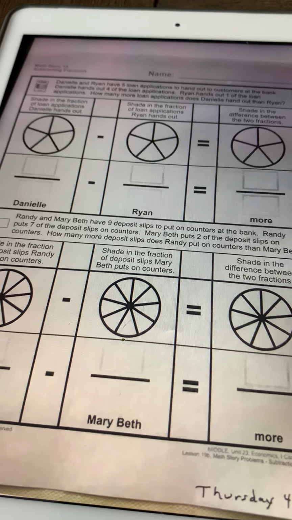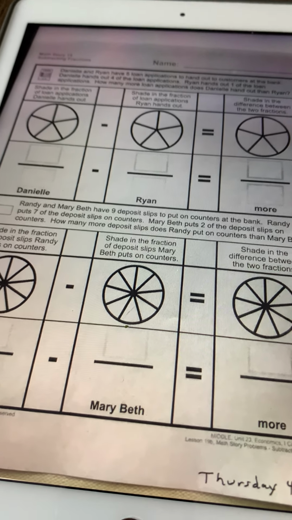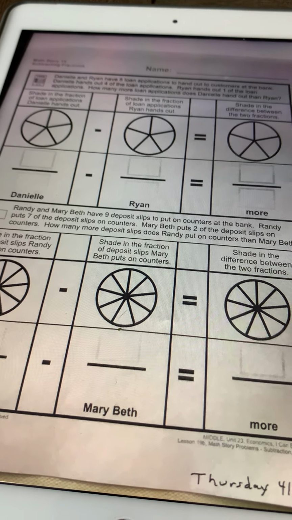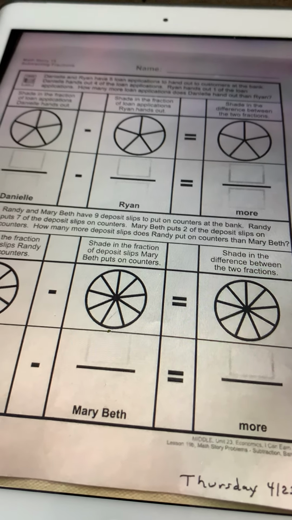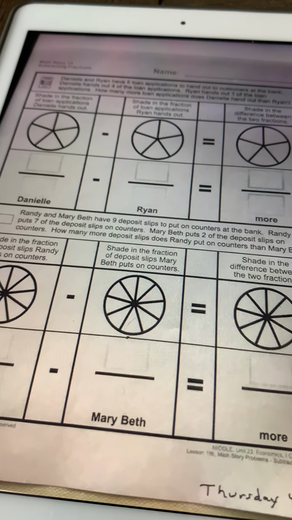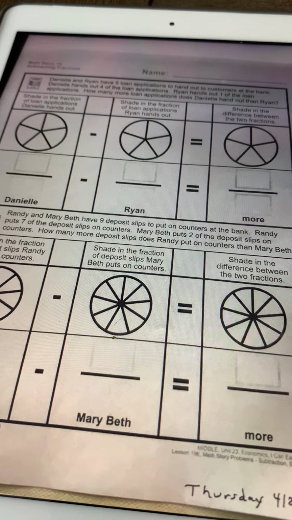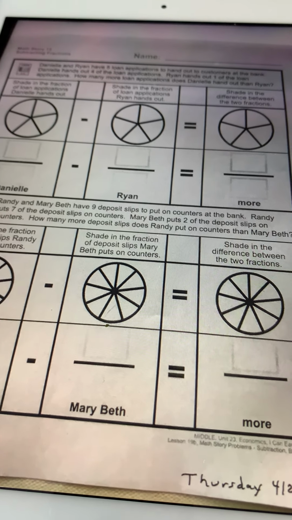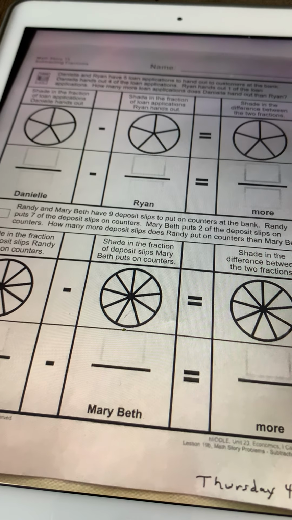Randy and Mary Beth have 9 deposit slips to put on counters at the bank. Randy put 7 of the deposit slips on counters, and Mary Beth puts 2 of the deposit slips on counters.